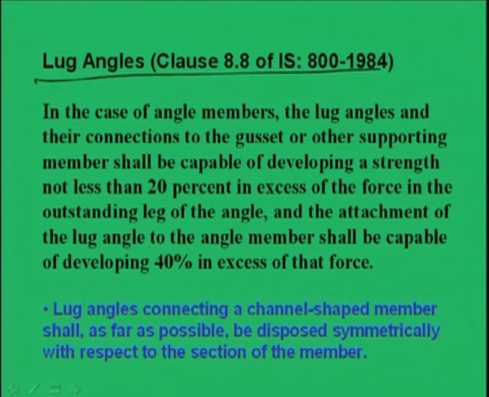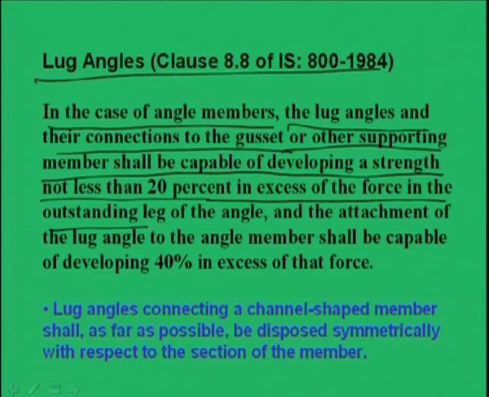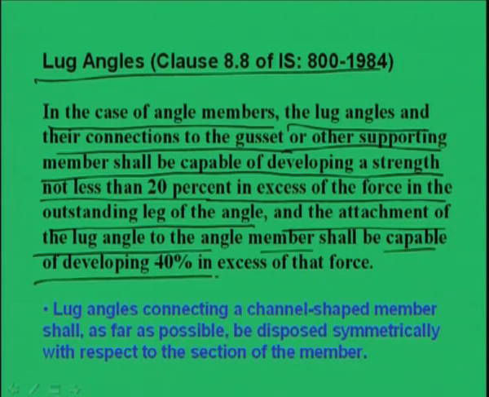First, in the case of angle members, the lug angles and their connections to the gusset or other supporting members shall be capable of developing a strength not less than 20% in excess of the force in the outstanding leg of the angle, and the attachment of the lug angle to the member shall be capable of developing 40% in excess of that force.